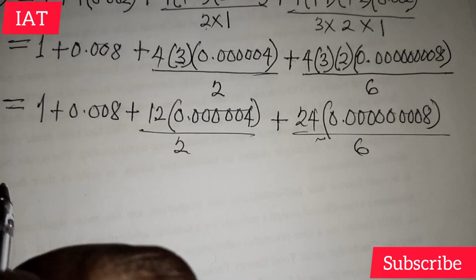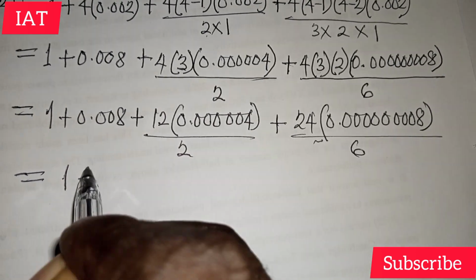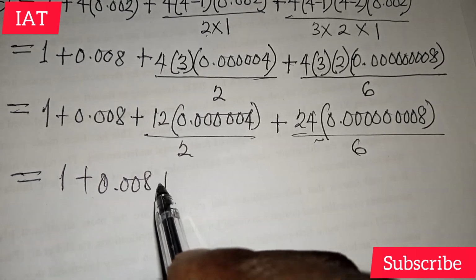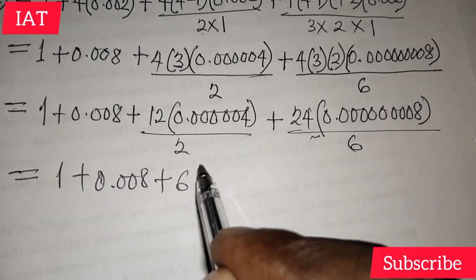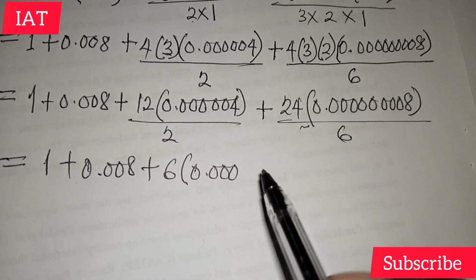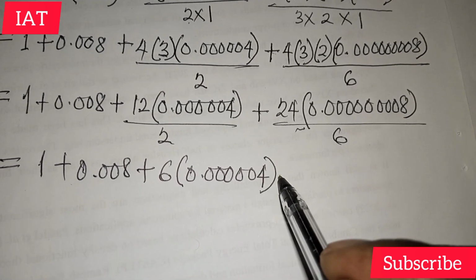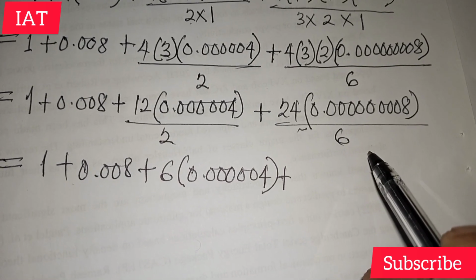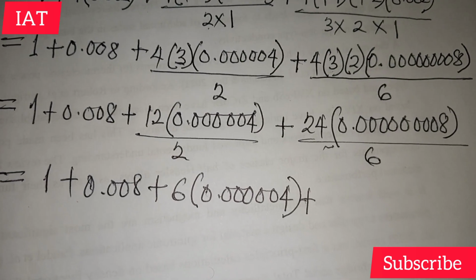If you follow that process, then the next thing you have is 1 plus 0.008 plus 2 into itself is 1, into 12 is 6. So you have 6 into 0.00000, I think here is 50, then 4 plus, if you take 6 into itself, that will be 1, and 6 into 24 is 4.